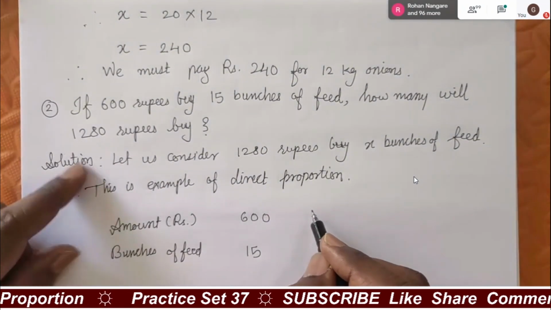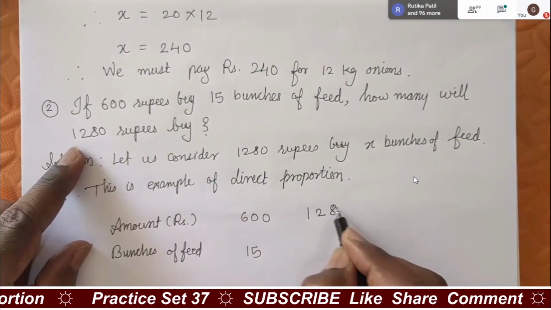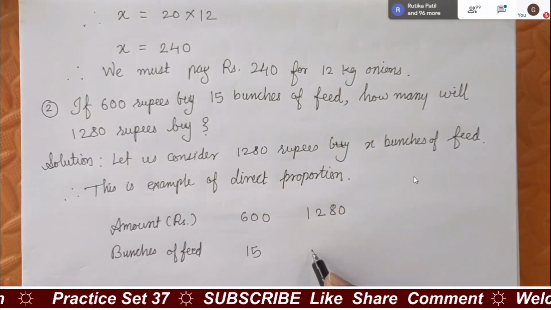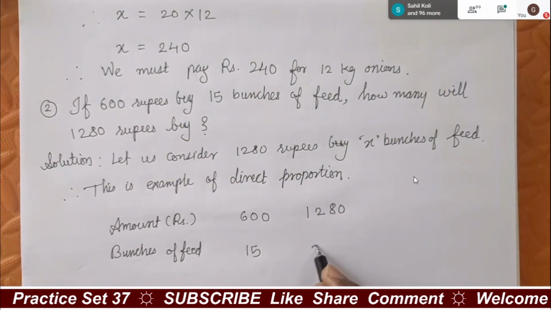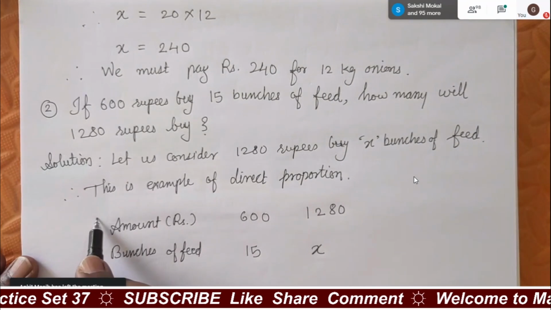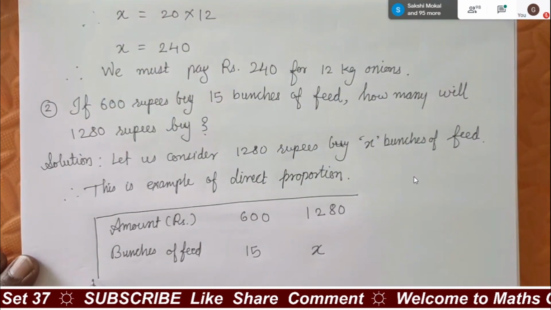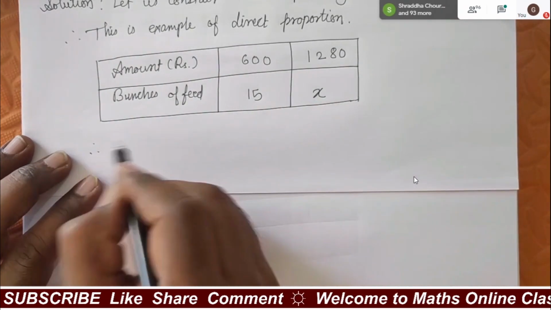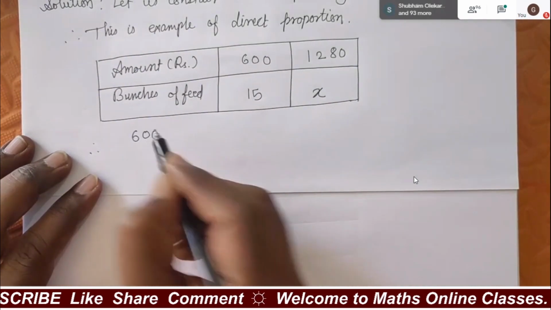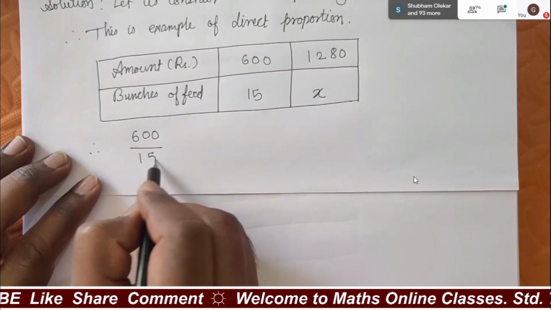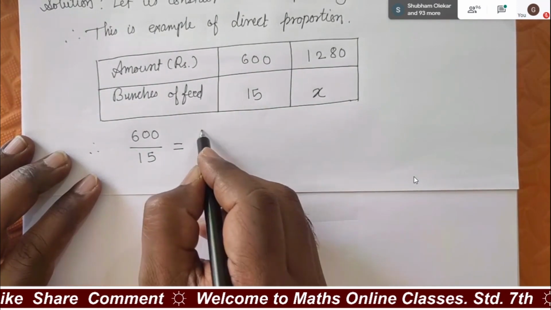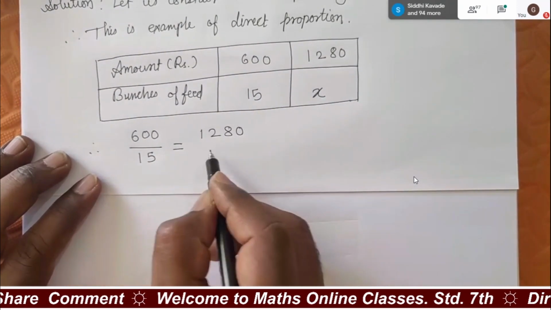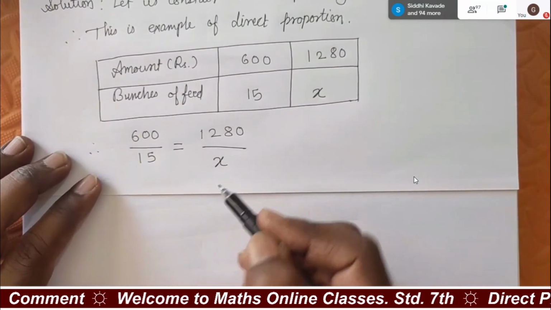In the second condition, 1280 rupees, and here we write X bunches. Take a scale, draw a box, write in the form of fraction. Therefore 600 upon 15 equals 1280 upon X.